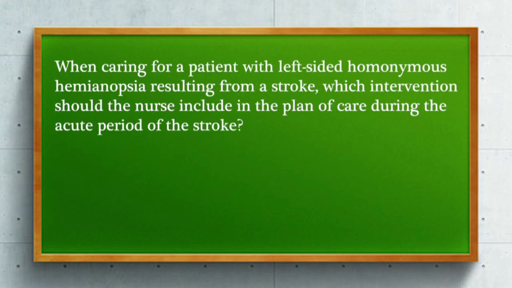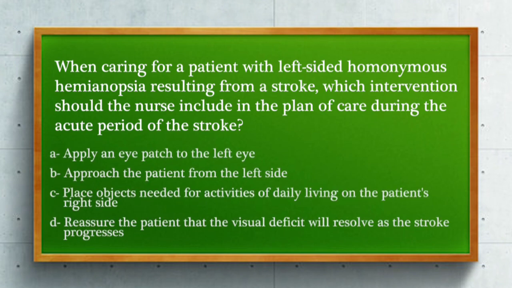Next question. When caring for a patient with left-sided homonymous hemianopsia resulting from a stroke, which intervention should the nurse include in the plan of care during the acute period of the stroke? A. Apply an eye patch to the left eye. B. Approach the patient from the left side.